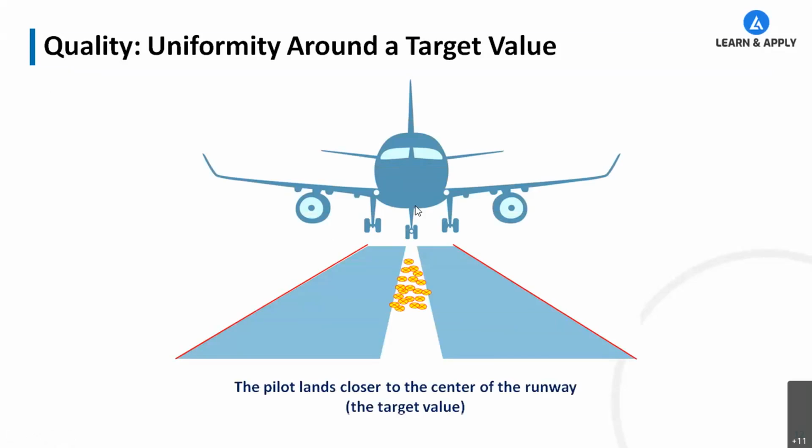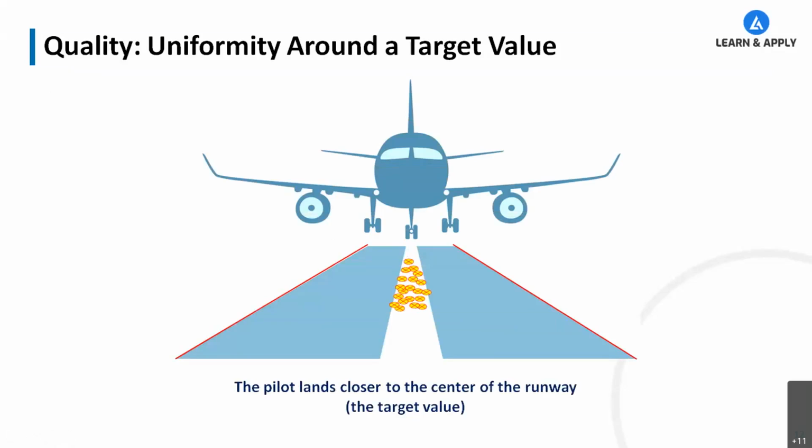All right. This is the aeroplane the second time, and now this pilot is able to land every time on this central white line, every time closer to the center of the runway. So these are the two cases of the pilots.